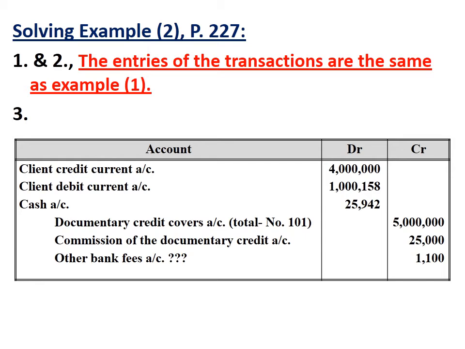Then we have other bank fees account 1,100. If you want to know from where we got 1,100, it is the 158 plus the 942. The total equals 1,100. Okay.